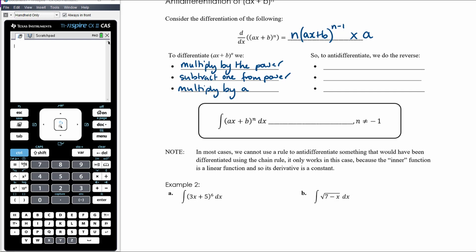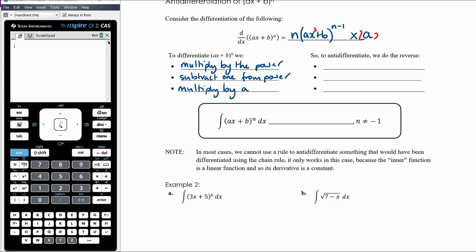Now if the derivative of the inside, let's say, don't write this down, let's say this was ax squared and the derivative of the inside was therefore 2ax. We can't reverse that process because this involves x as well. So the opposite of multiplying by 2ax in terms of when you're integrating with respect to x is not just dividing by 2ax.